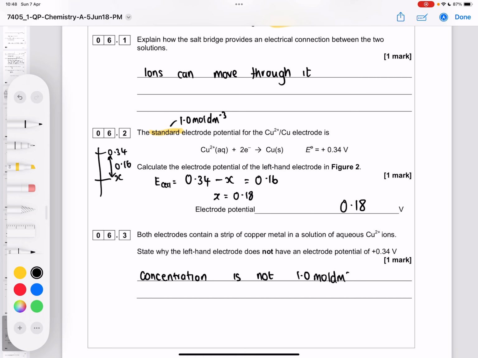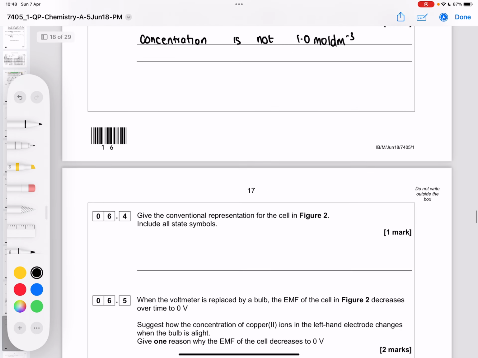Now we want to give the conventional representation, which means we start in the middle with the salt bridge. And then on the right-hand side, we want to say the highest oxidation state, copper 2 plus, and then in that half cell it's being converted into copper. Copper is in a different state, so a different phase, so we have a phase boundary.